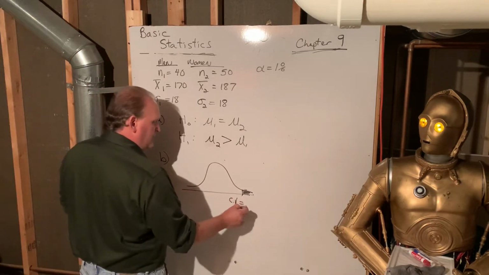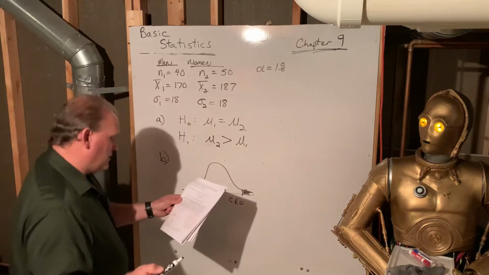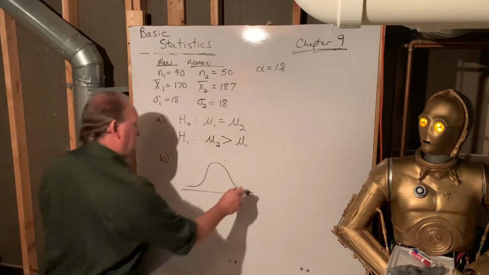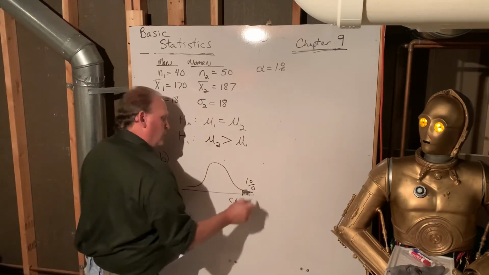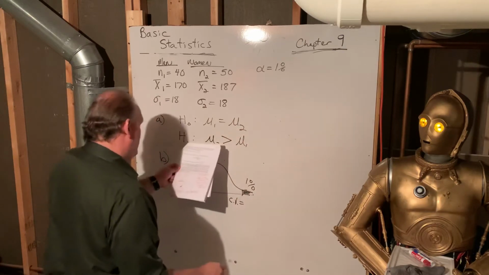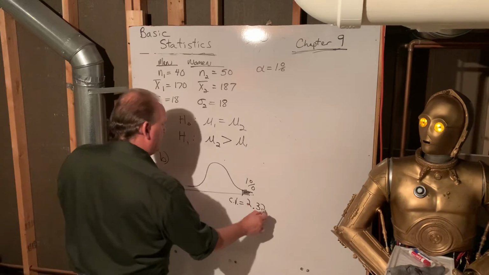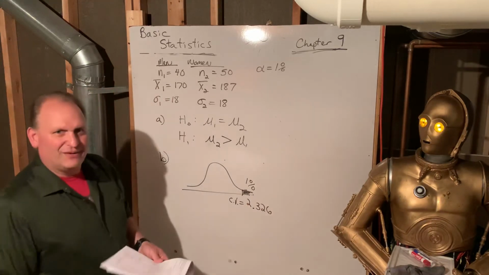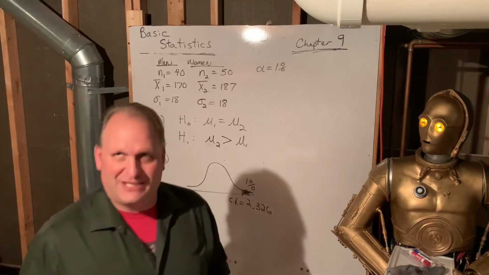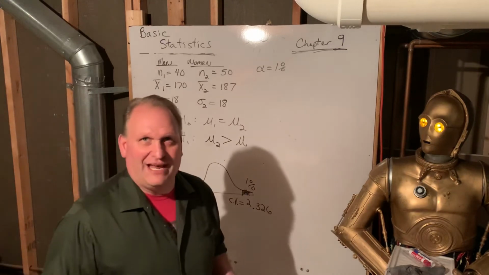So the critical value for Z, it's a Z score, we look it up, for 1%, one tail, 1%, we follow it all the way to the bottom, and so that's a little different, 2.326. It's not as common as the other ones that we always run into, the 1.645 and the 1.960.